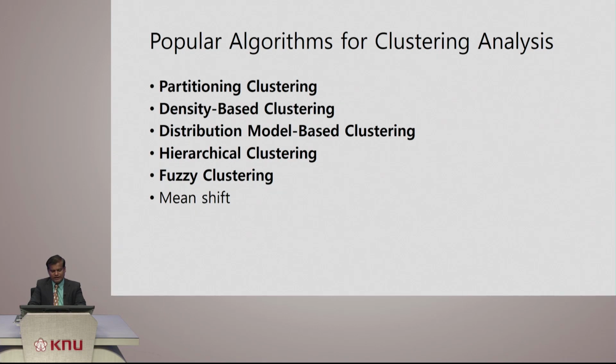Let me briefly tell you what some of these are. We are not going to discuss in detail all the clustering methods that are available, but for some of these methods, from the word itself you know what type of clustering it is.